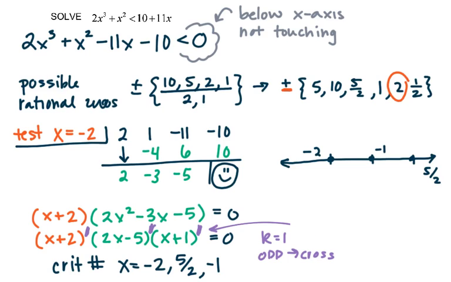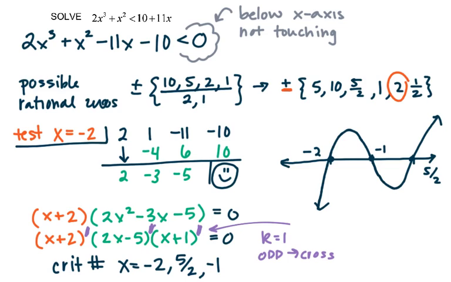So if I went to graph this, and I'm graphing it by hand because I want you guys to get practice, but you do have your graphing calculator, we are going to see that the function starts low. We're going to go up, cross at -2, down, cross at -1. We have to turn around again, and then we would cross at 5/2.